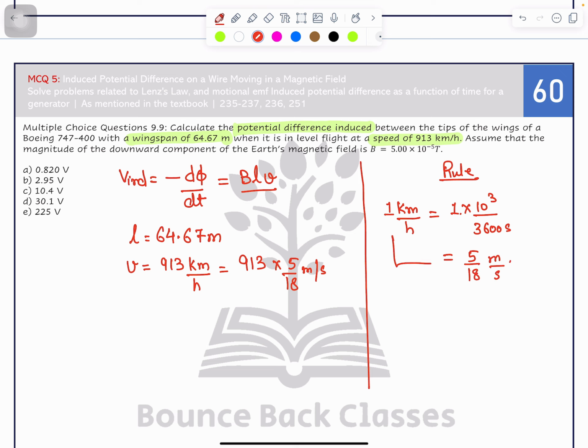Magnetic field is also given, B equals 5.0 times 10 raised to negative 5 Tesla.